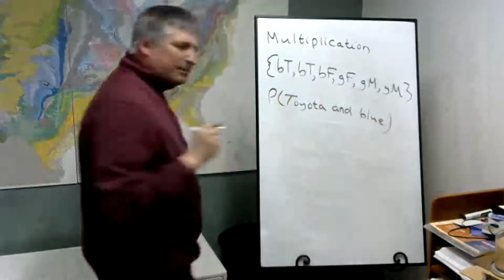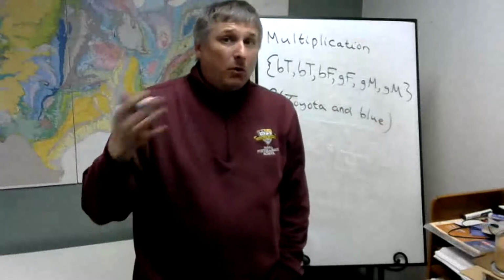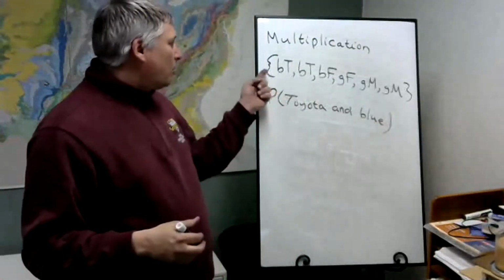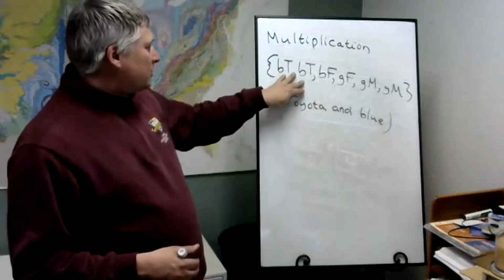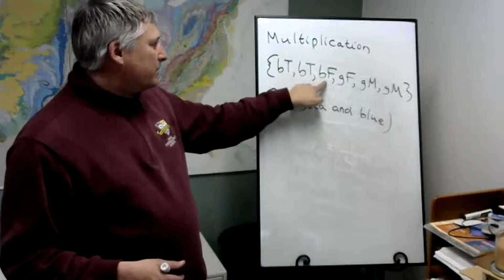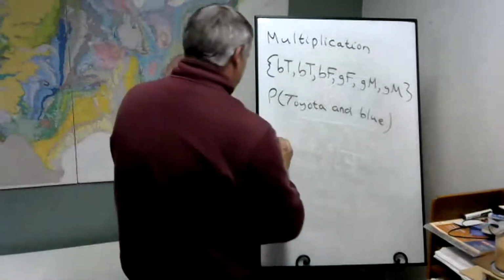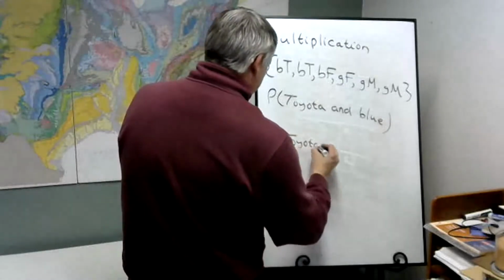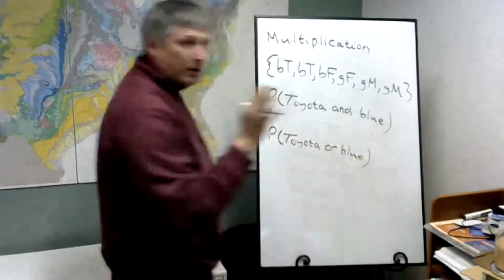Now, we want to be careful here. We talked about the probability of Toyota or blue. What that means is if we pick a Toyota or we pick a blue car, we win. So we can win with the Toyotas, we can win with the blue car that's not a Toyota. And so the probability of Toyota or blue, either one will win.